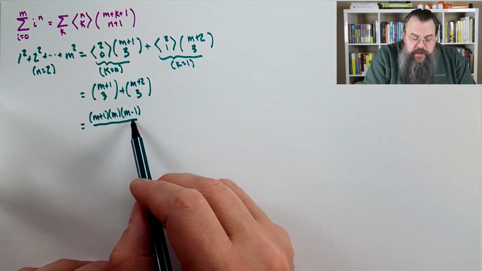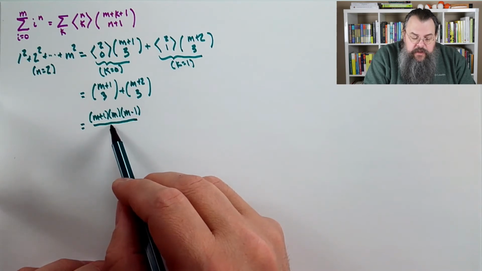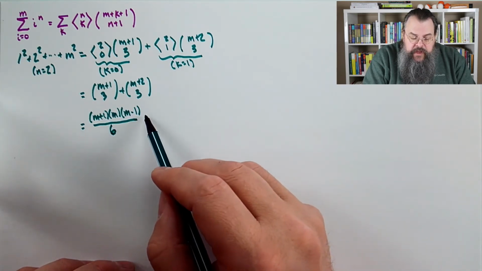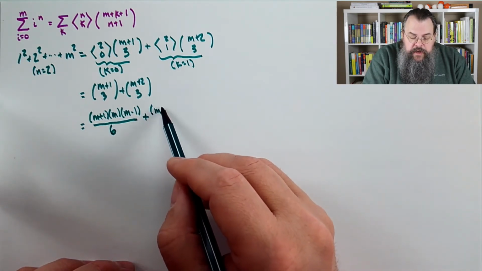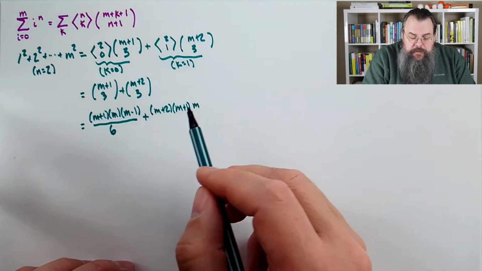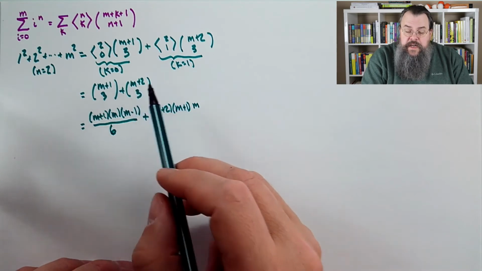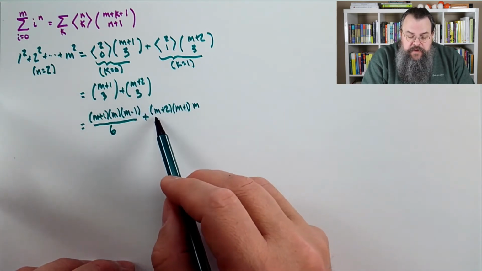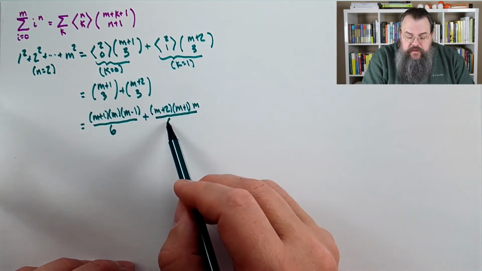And then divide by 3 times 2 times 1, that's 6. Plus, start with m plus 2, m plus 1, m. Because you start with m plus 2, you're going to have 3 terms, going down by 1 at each step. 3 times 2 times 1 downstairs is 6.